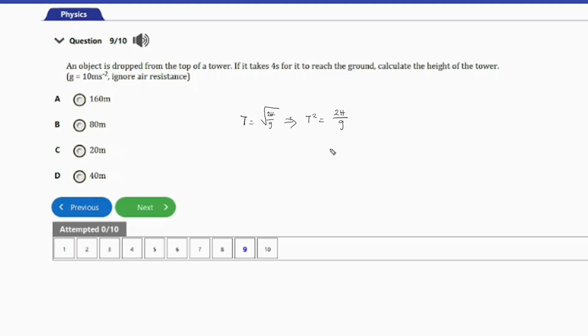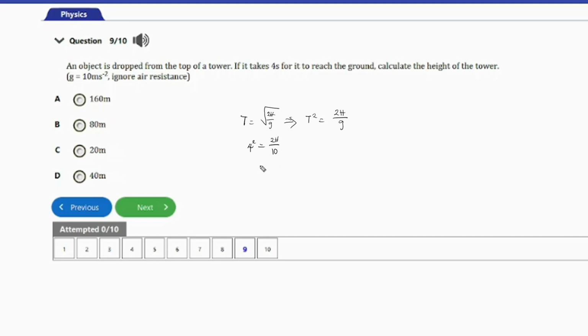So if we go ahead and plug in the values here, t is 4 seconds. So 4 squared is equal to 2 times h over 10 meters per second squared.